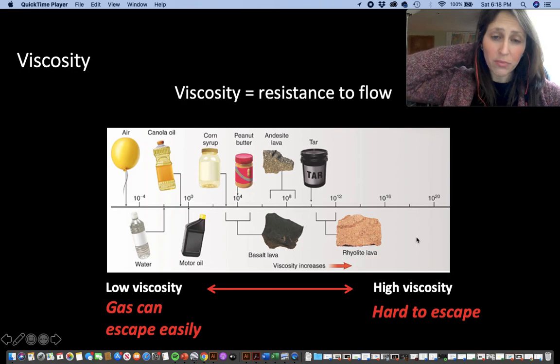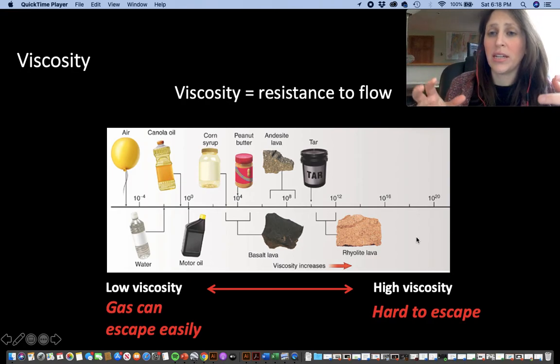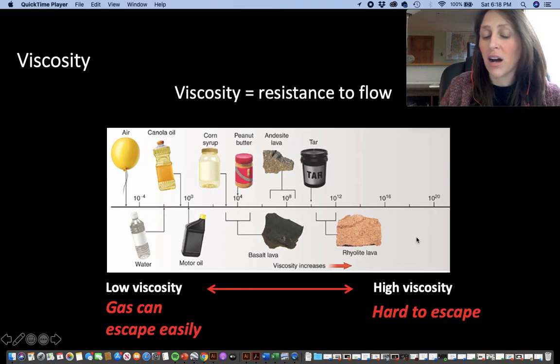And so when you have this really viscous material, you're going to get a lot of gas being trapped in this magma or in the lava. Whereas in basaltic lava, gases can escape easily. A lot of gases are produced in volcanoes. In any type of volcanic setting, you're going to have some gases escaping, a lot of methane, a lot of sulfuric types of gases.